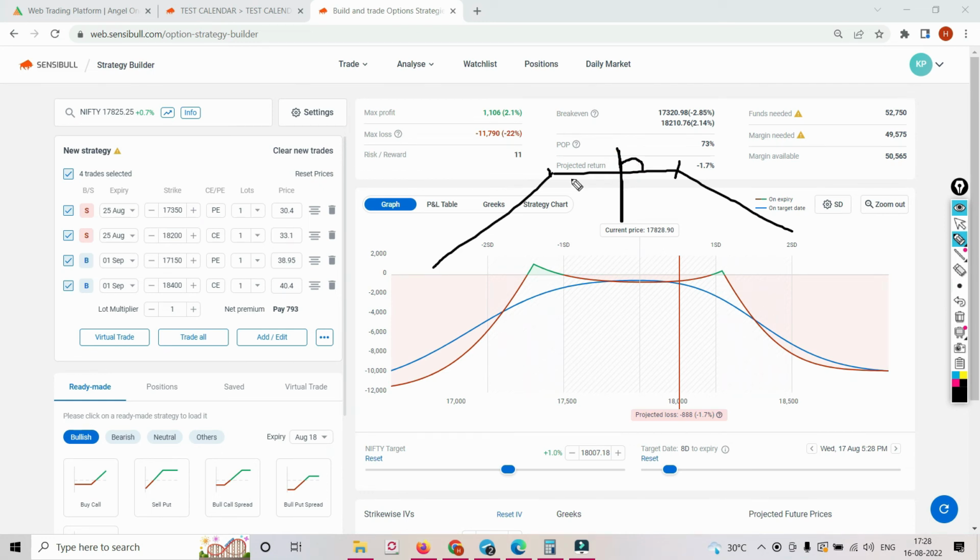Will you manage the delta by booking this put leg and just rolling up the put, so that you make your strangle balanced again? We can do that, but if you do so, don't you think you are decreasing the range of your strangle? Day one itself, yes, this makes sense.